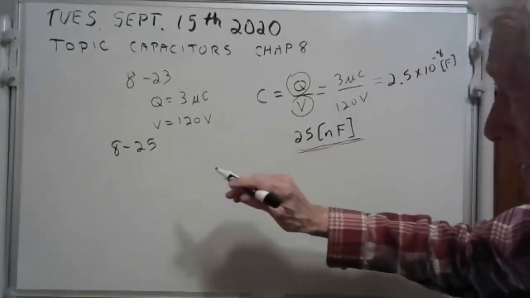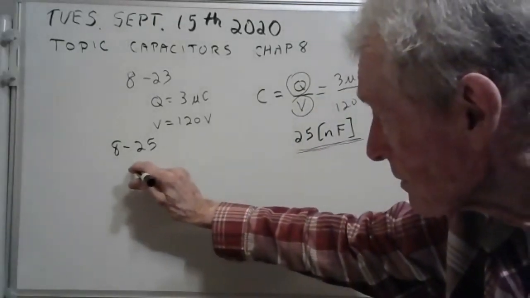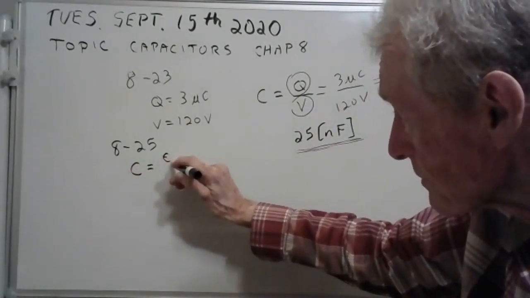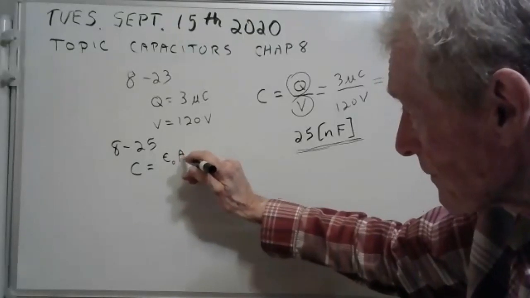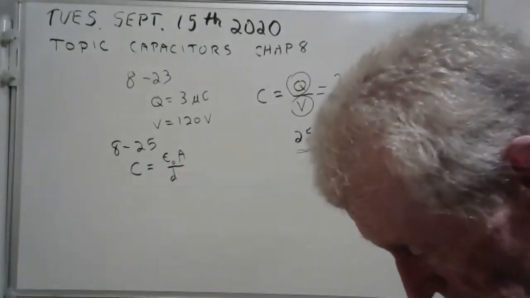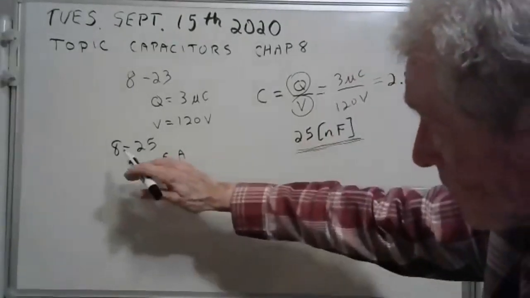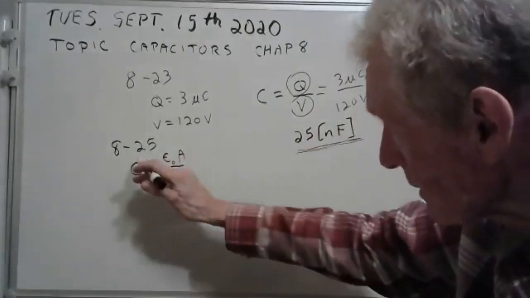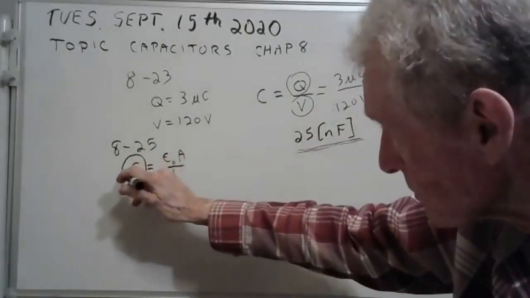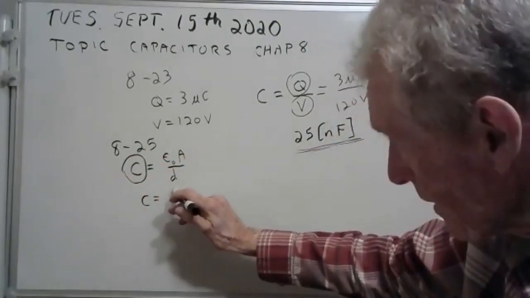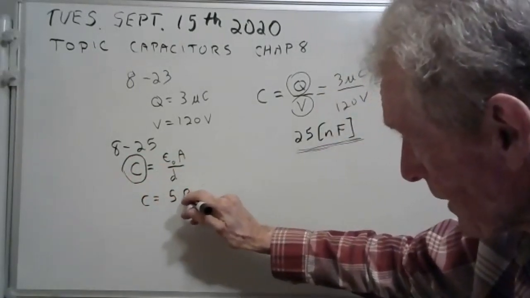Well, remember that lovely equation that I derived for you for parallel plate capacitors? It goes like that. In this problem 825, they give you the capacitance. They say that it's 5 picofarads.